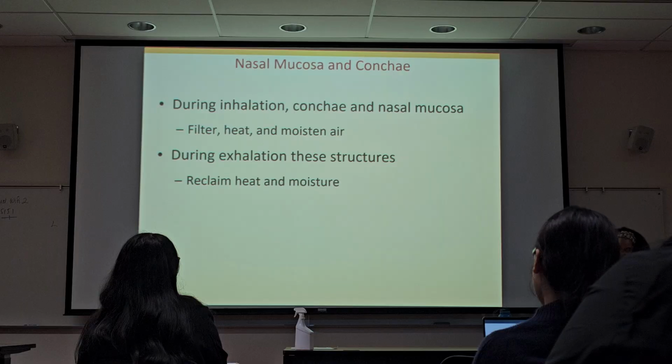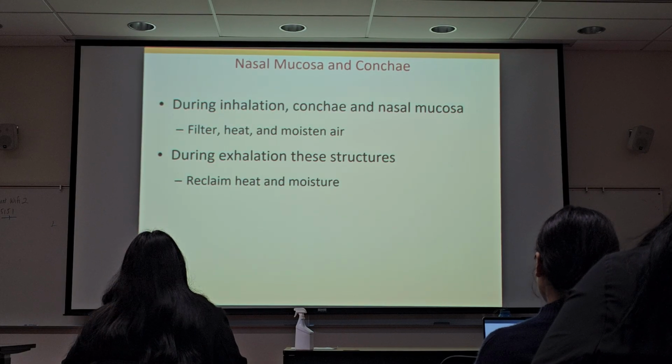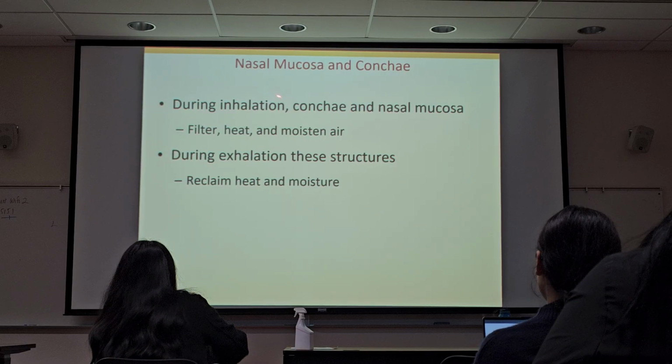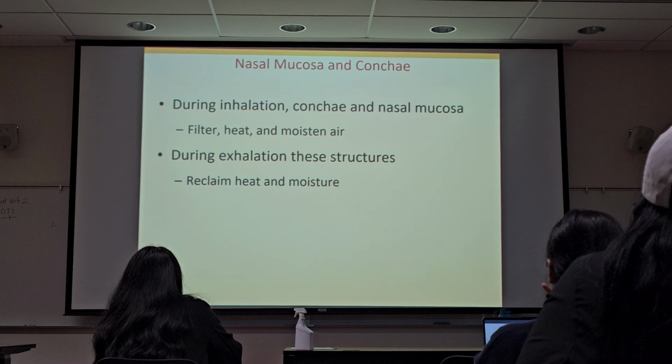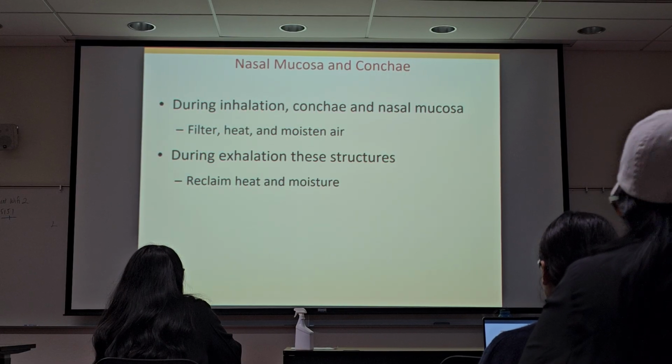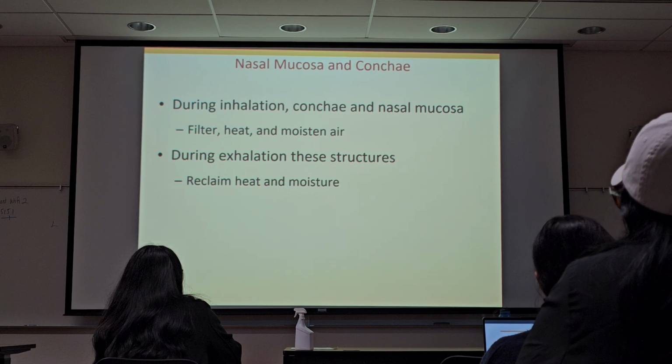Okay. So as we are breathing in air, again, we're getting it filtered, warmed, and moistened. And then as we breathe out, the body captures that heat and that moisture, so we're not going to get rid of it. The body will capture the heat and the moisture, and then we'll breathe out the air.